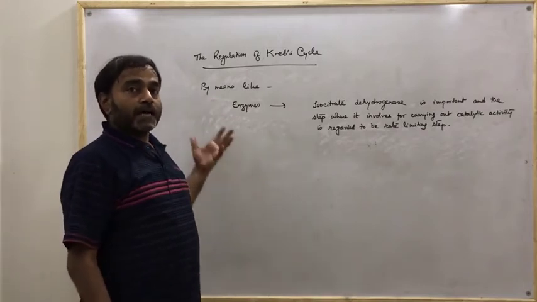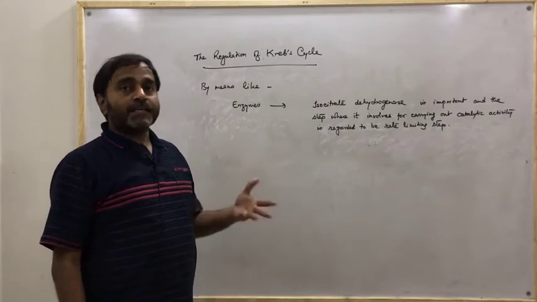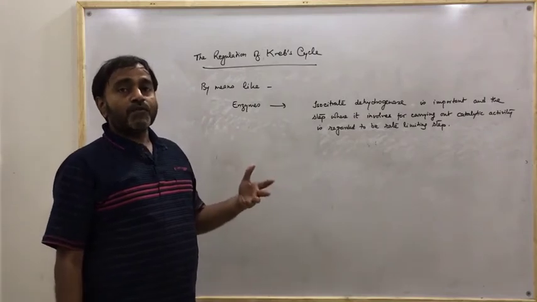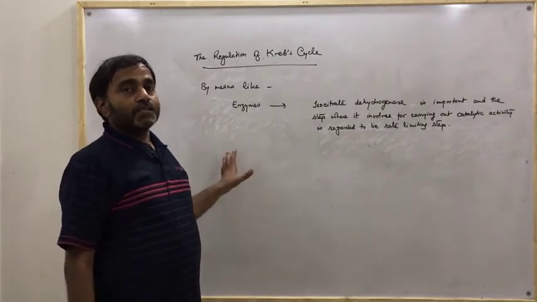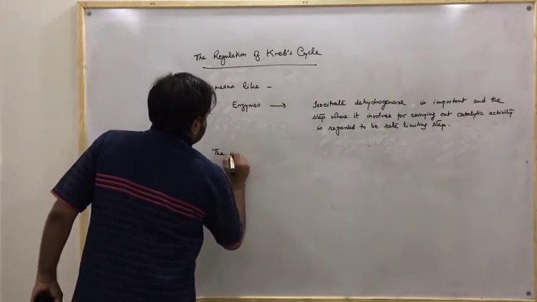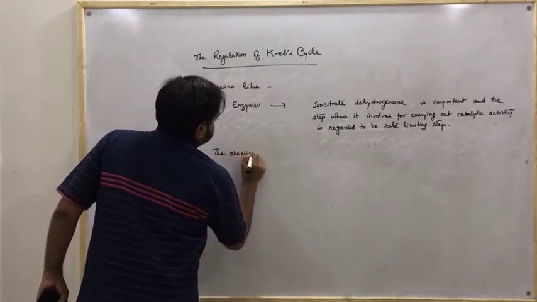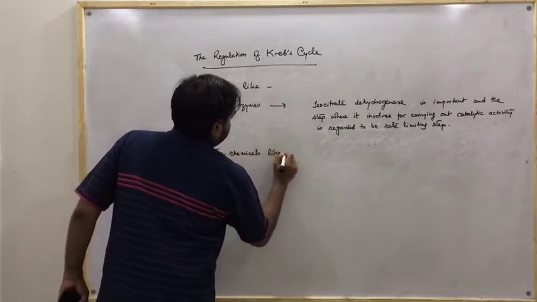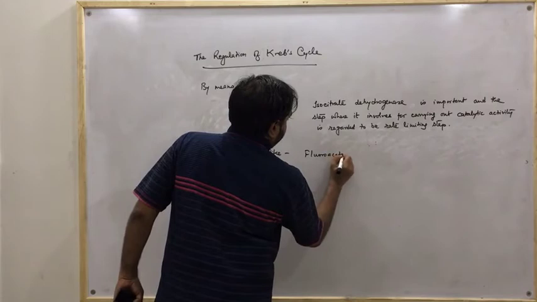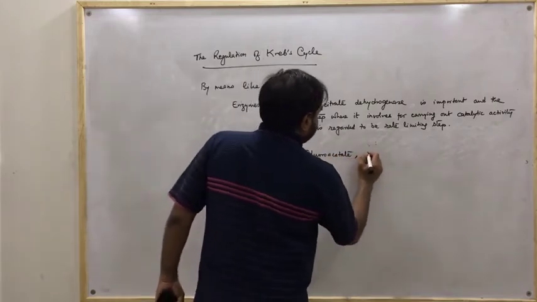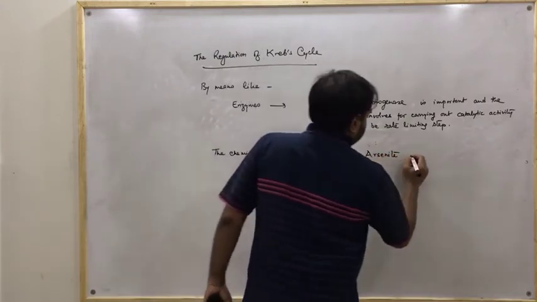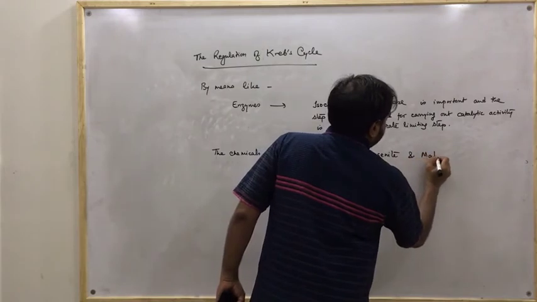Suppose we talk about the presence of external chemicals which may inhibit the Krebs cycle or put some sort of hurdle in its steps. So those are fluoroacetate, and the next one is arsenite, and malonate.